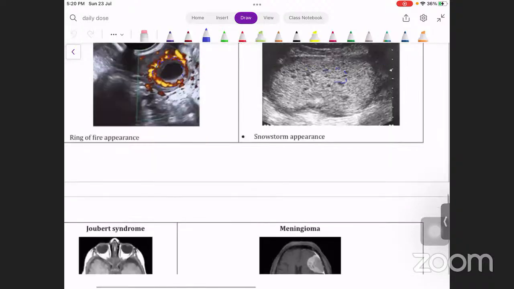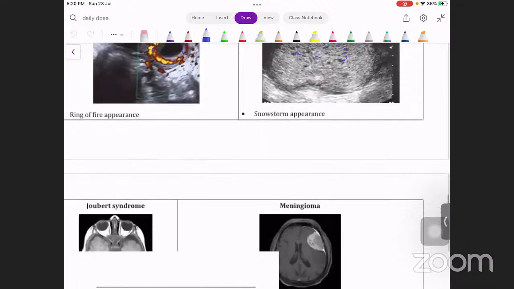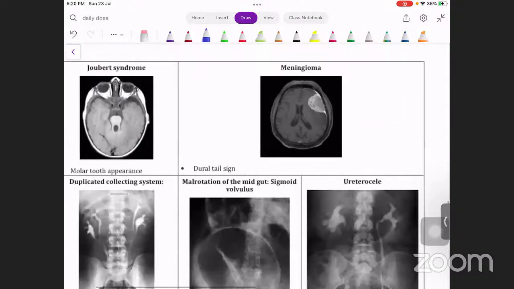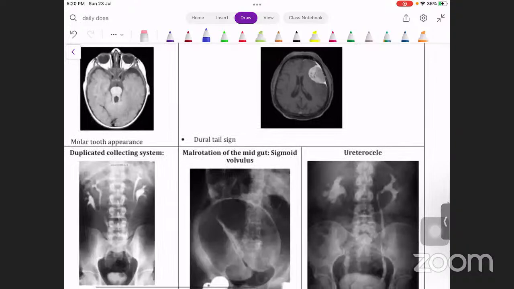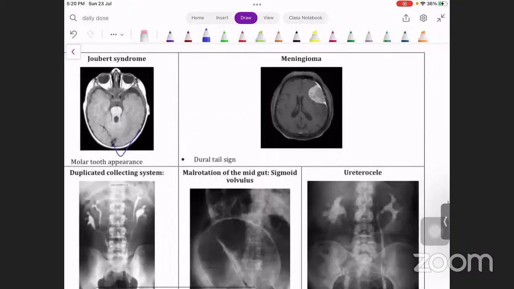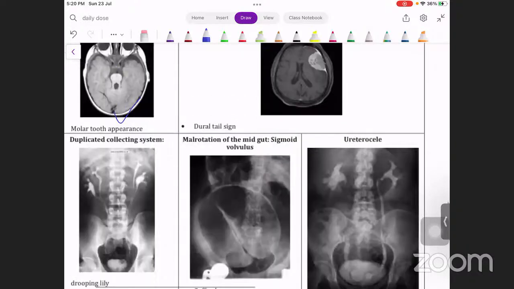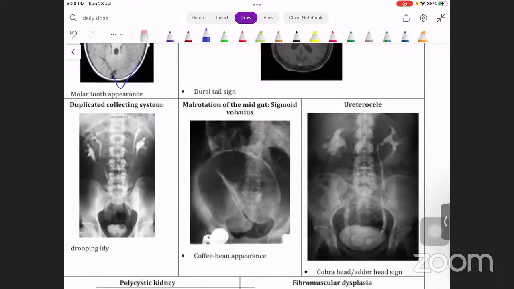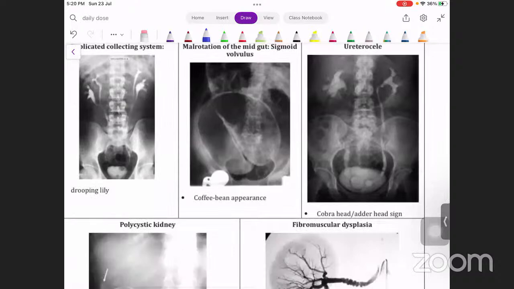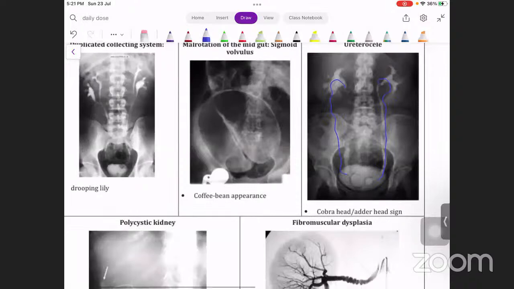Snowstorm appearance, which is seen in the molar pregnancy. Molar tooth appearance, you may see it in Joubert syndrome, and dural tail sign, you may see it in the meningioma. Cobra head appearance, you may see it in the case of ureterocele.